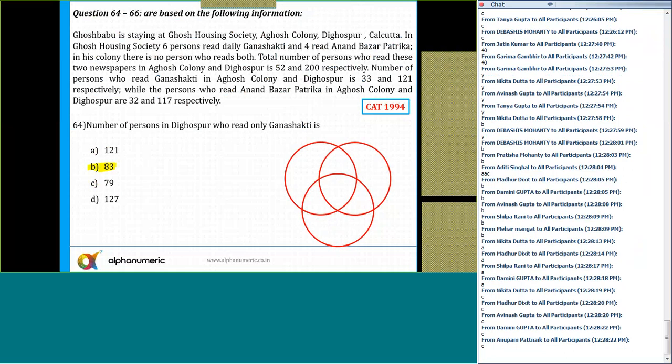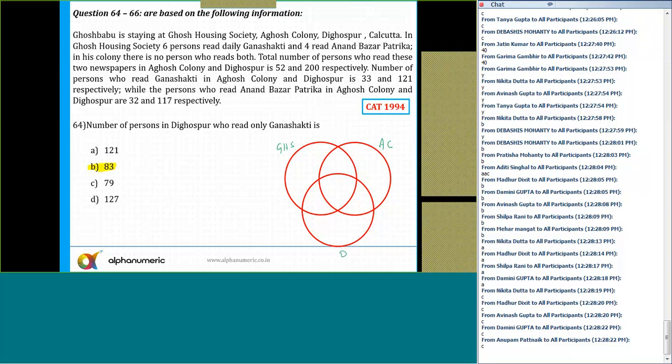Let's see here. It says Ghosh Babu is staying at Ghosh Housing Society. The other places are Aghosh Colony and Digsopur. Let me write down the names: Ghosh Housing Society, GHS, Aghosh Colony, and Digsopur.